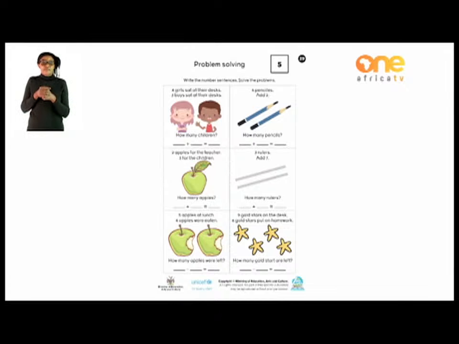So you must write the numbers that they give you on the lines below. On the first line, there are 4 girls. So what must you write on the first line? Number 4. What must you write after the plus sign? There are 3 boys that sat at their desks.